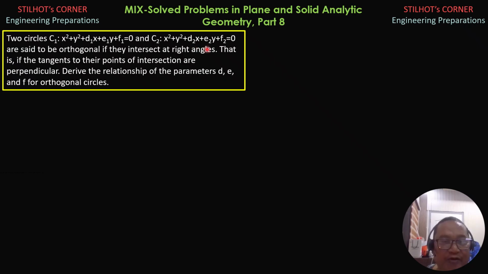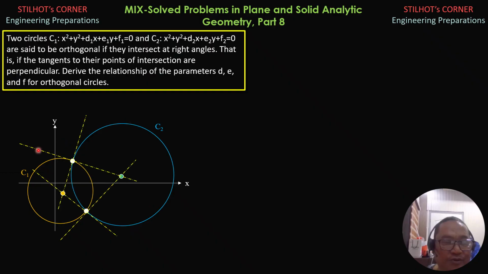And I also derived in the playlist the diameter of the circle, equal to the square root of the quantity d squared plus e squared minus 4 times the constant. That's the diameter of the circle. So to demonstrate, let's have these two orthogonal circles.